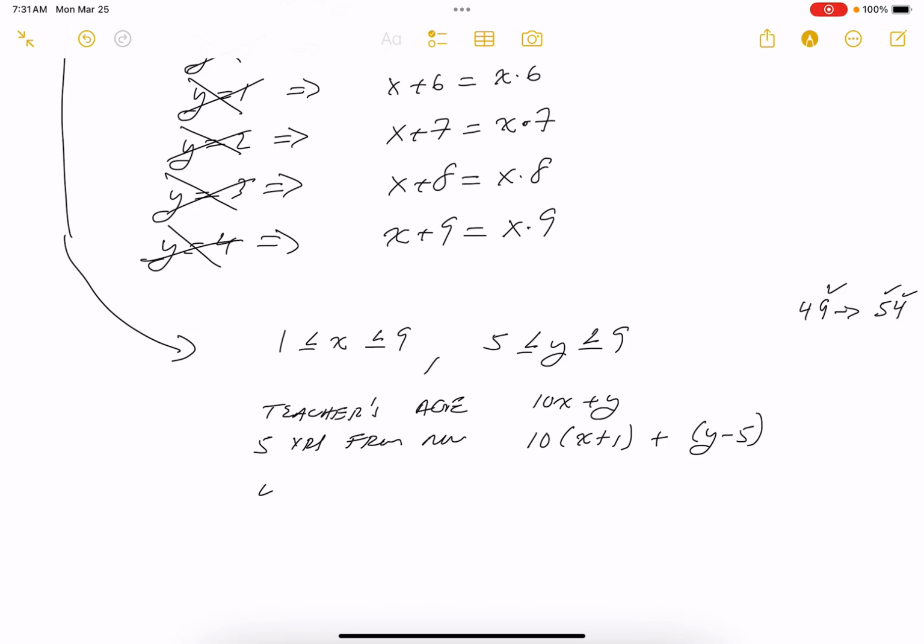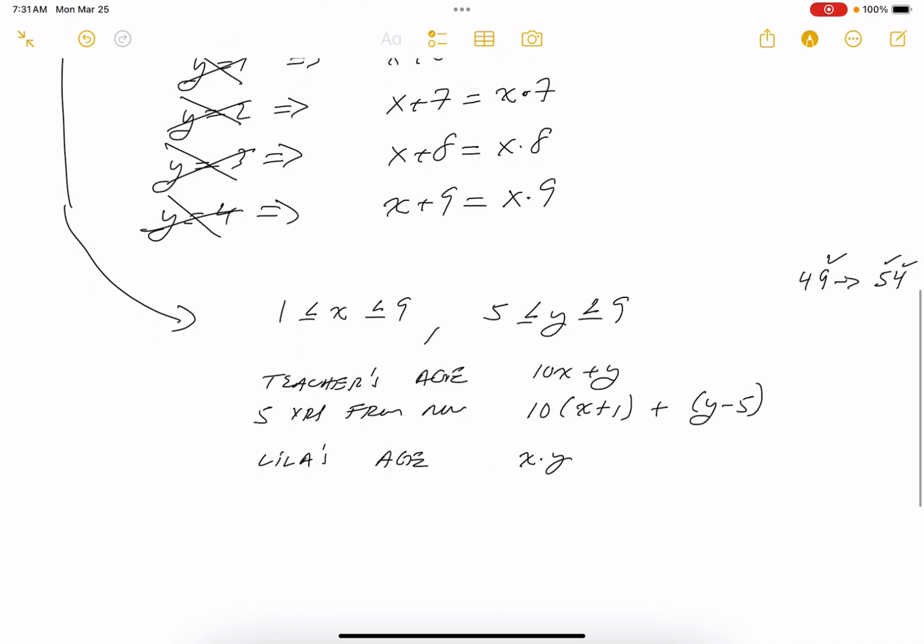All right, Lila. Lila's age presently is x times y. Okay, 5 years from now, Lila, I'm sorry, sum of the digits, not product.